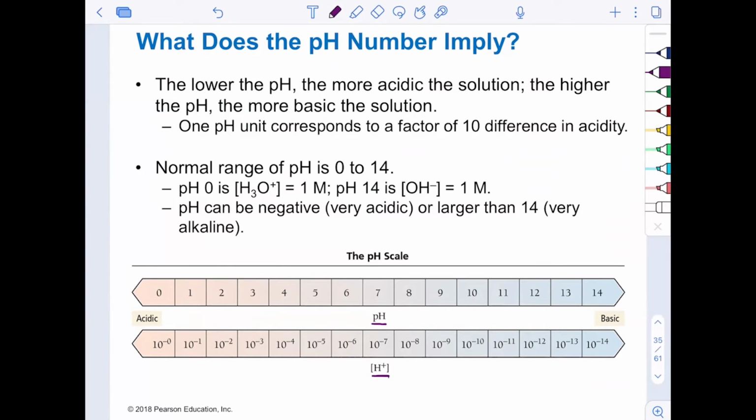So again, if something has a pH of 1 versus something that has a pH of 2, they're not really close, right? The pH of 1 is 10 times more acidic than the pH of 2. pH can be negative or larger than 14. It's just in more extreme cases that we see those values.